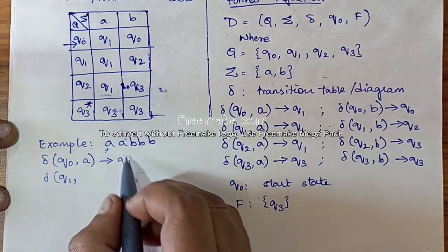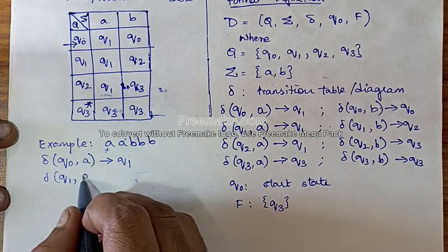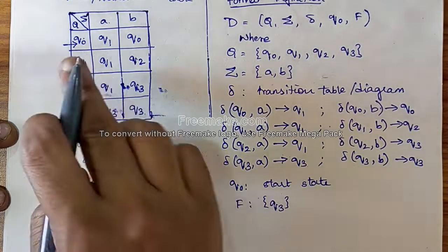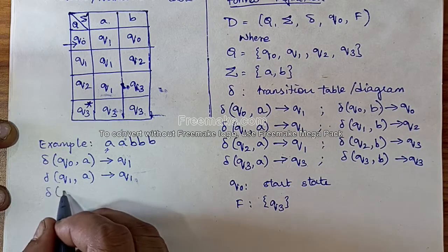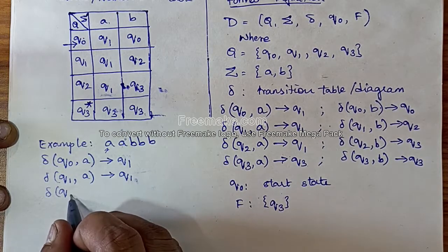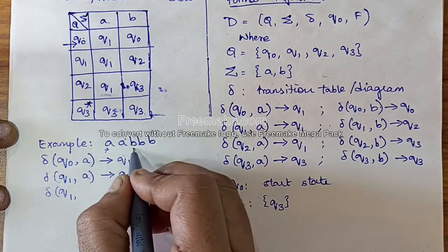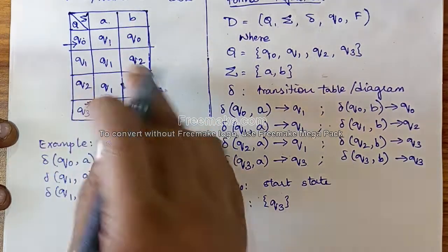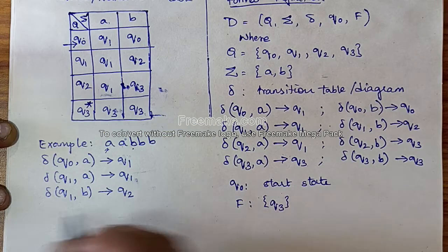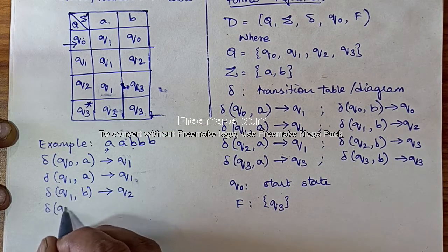Now Q1 and receiving the next input symbol, Q1 on receiving a A goes to Q1. I am in Q1 still. I have read the next input symbol B. Q1 on reading a B goes to Q2.